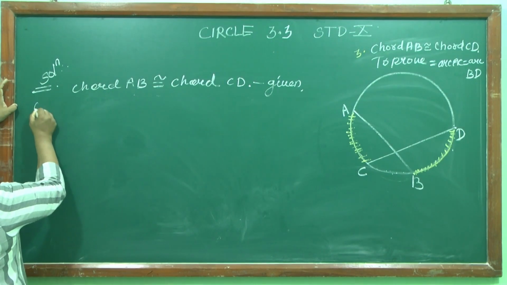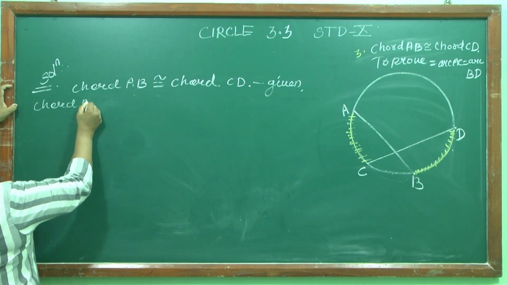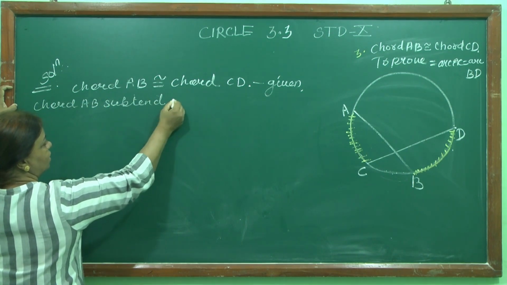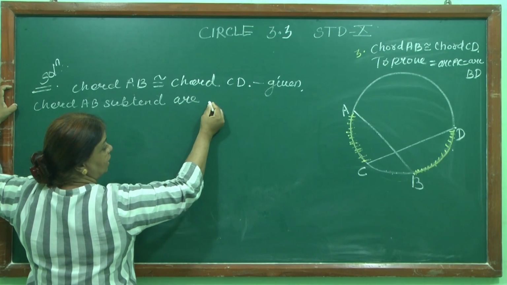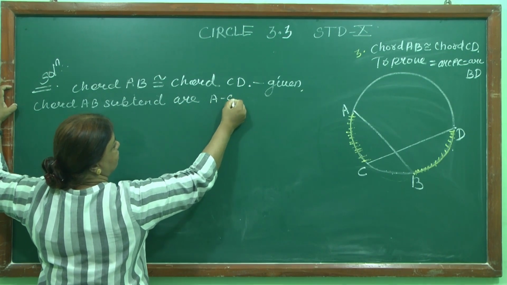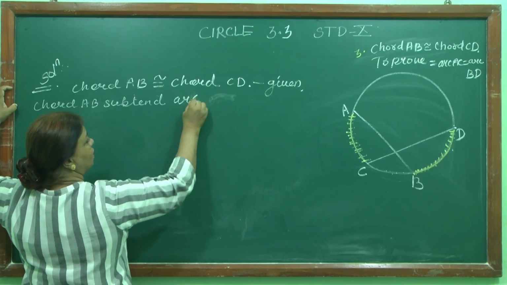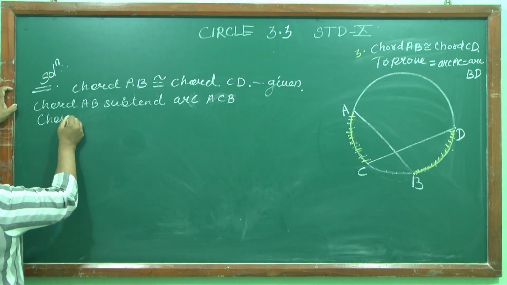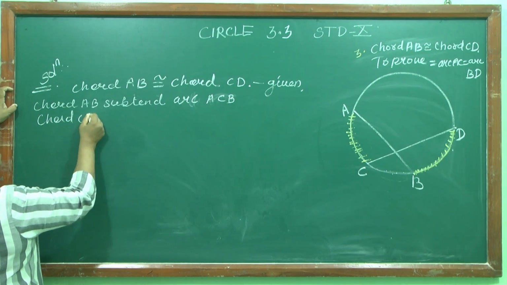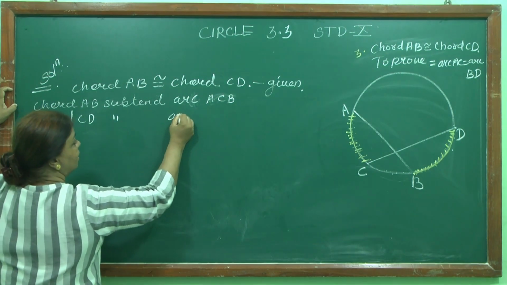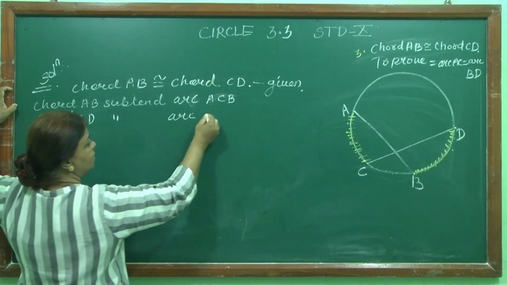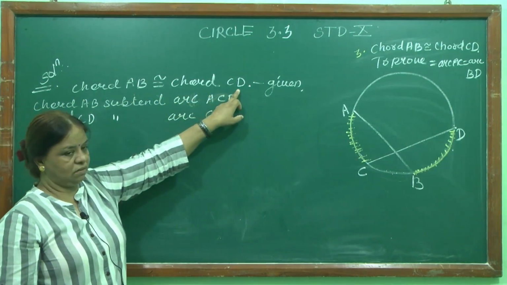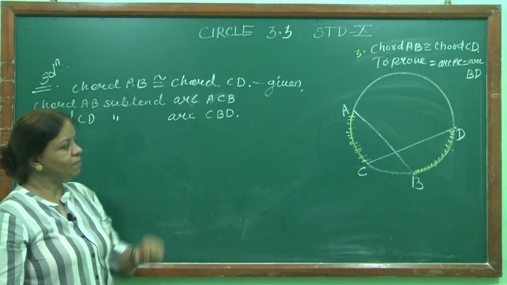See, chord AB subtends arc ACB, and chord CD subtends arc CBD. Now as the chords are given equal, so the arcs also will be equal.